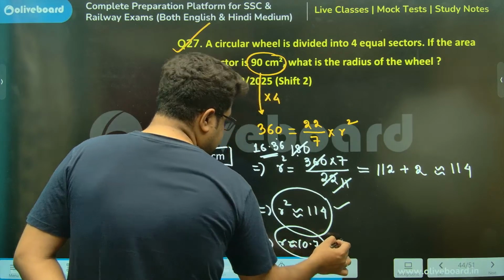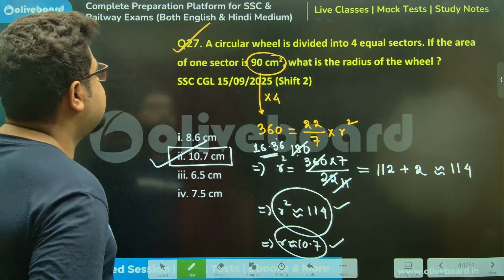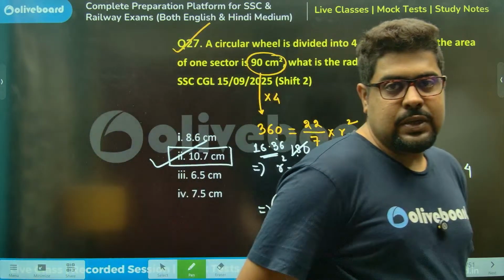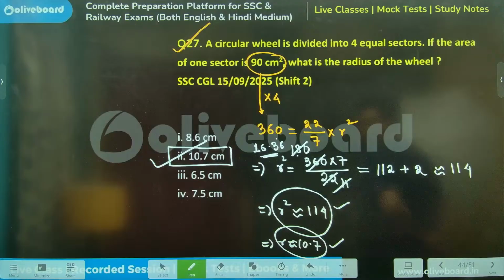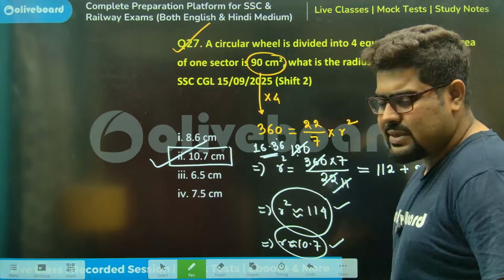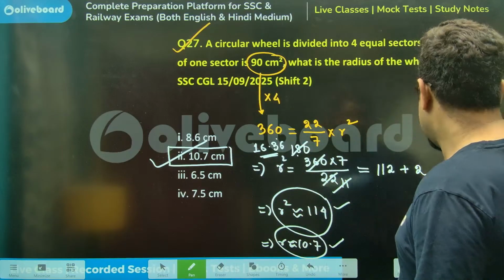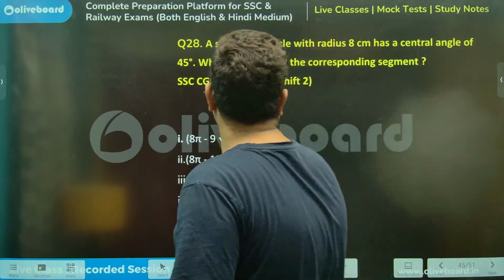So this is approximately. Clear, everyone? This is one way. The other way is not very good. This is much better. This is not a very difficult approximation or calculation. You should be able to do this much.